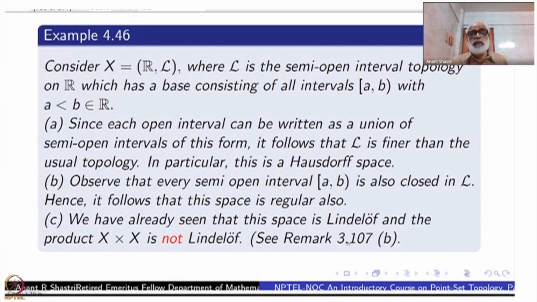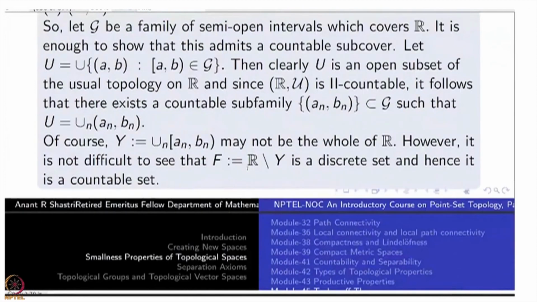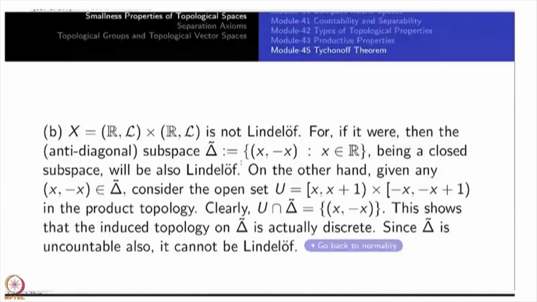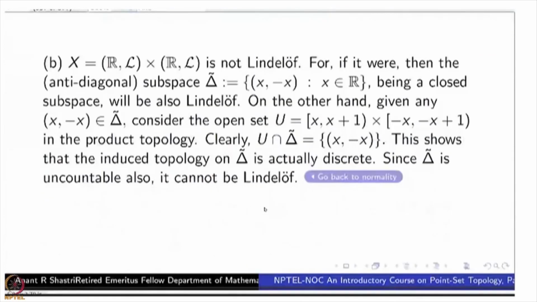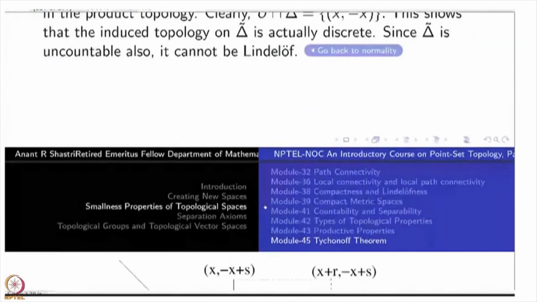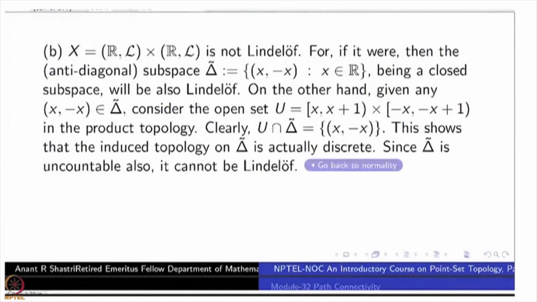Let me just show you that we have already done this by taking the product and showing that the diagonal is discrete. Remember that this was the example, right? So here we had shown that the product is not Lindelof.